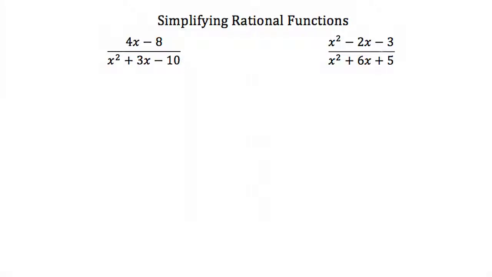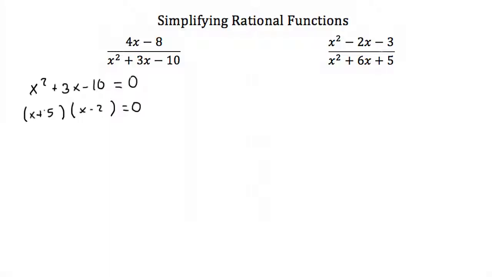Now my first step is to find my excluded values. So I'm going to take x squared plus 3x minus 10, and I'm going to set that equal to 0. Now the easiest way to solve this quadratic is to factor it. And this is going to factor into x plus 5 and x minus 2.